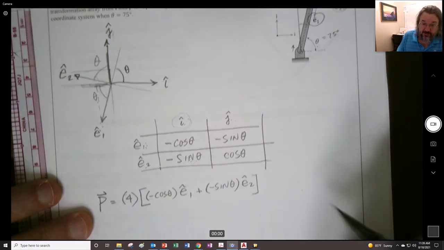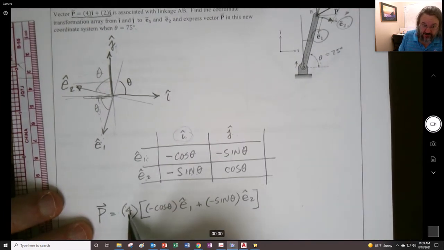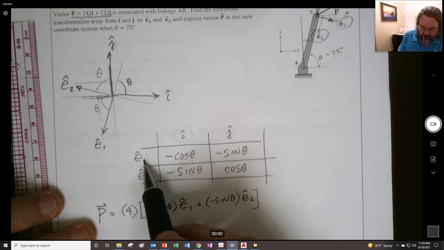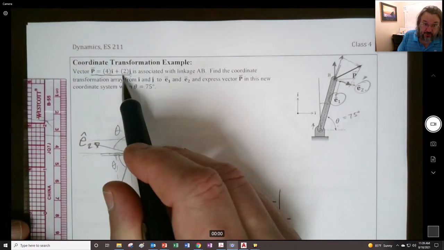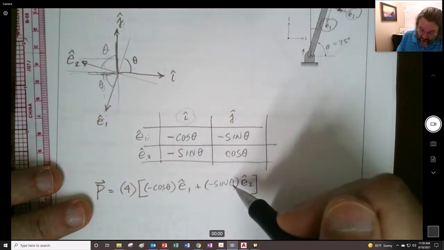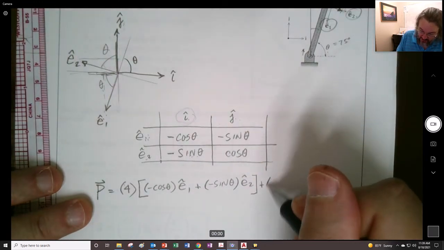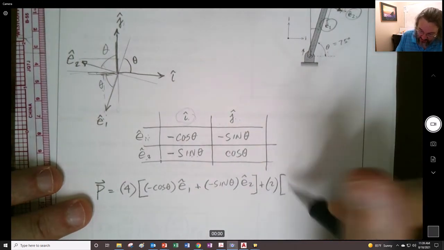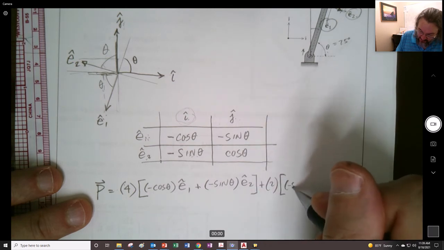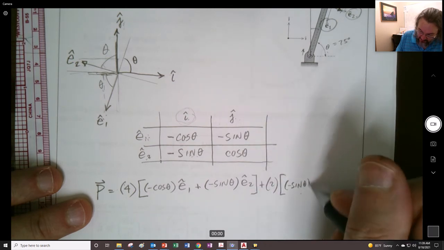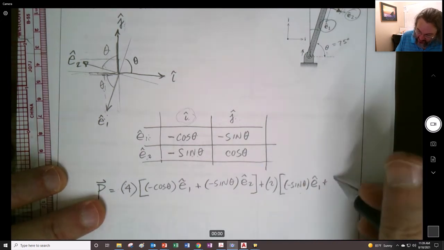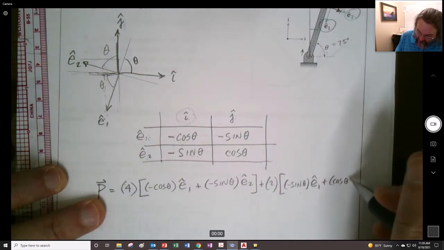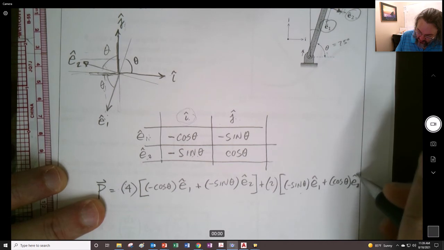I'm just putting brackets on there to make sure that we noticed that's what we did before. We distributed it over E1 and E2. Then we do the same thing for 2 here in the j. So we go down in columns, and we take 2 and multiply it by negative sine of theta E1 plus positive cosine of theta E2.